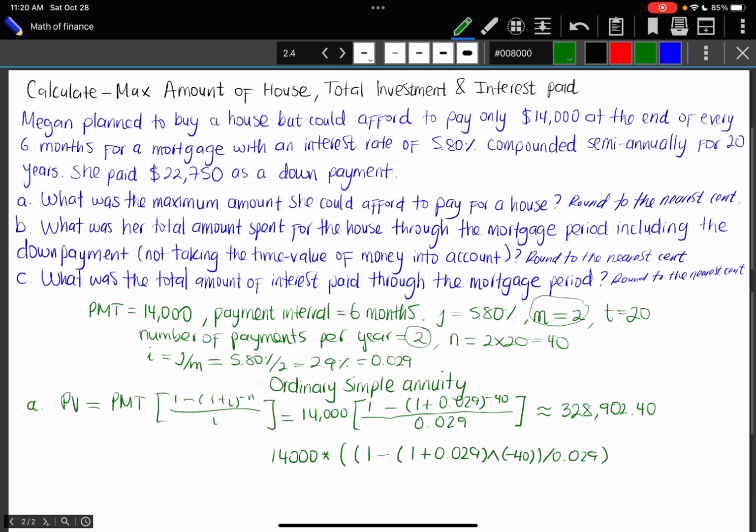That's how you can find the value approximately equal to $328,902.40.